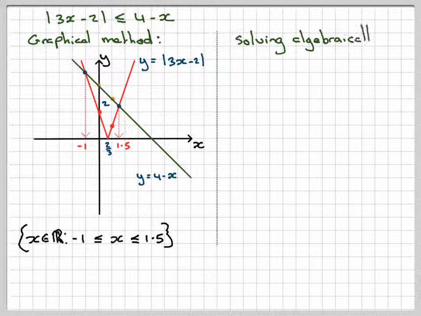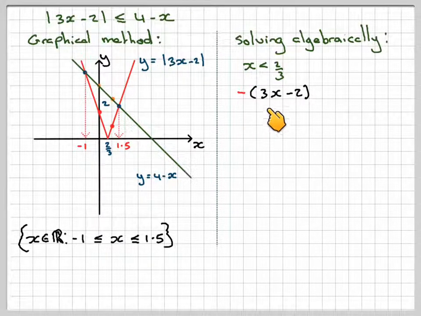So solving algebraically, we've got x is less than 2/3. This is a critical point here. So less than this particular value, 2/3, the value of 3x minus 2 is negative. So you put a minus sign in front of it and solve minus of 3x minus 2 is less than or equal to 4 minus x. You follow the normal rules.